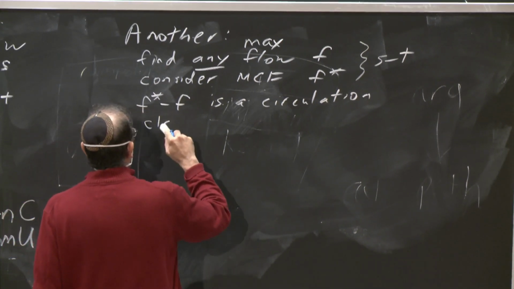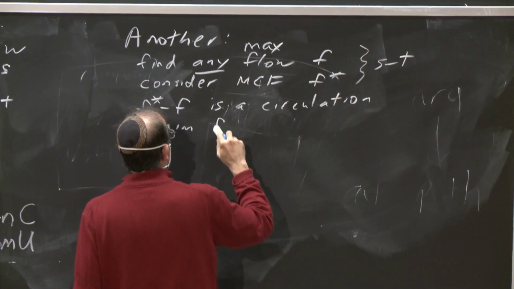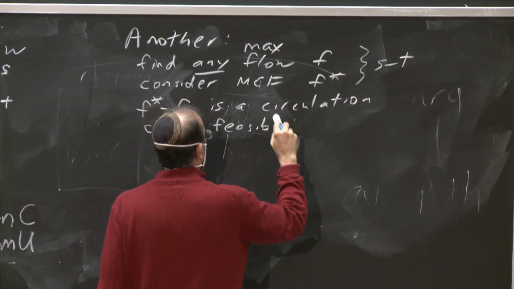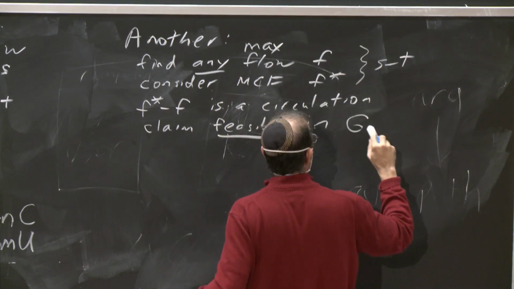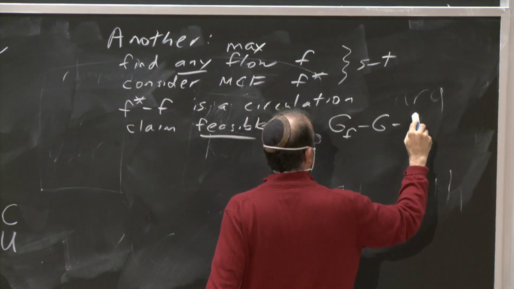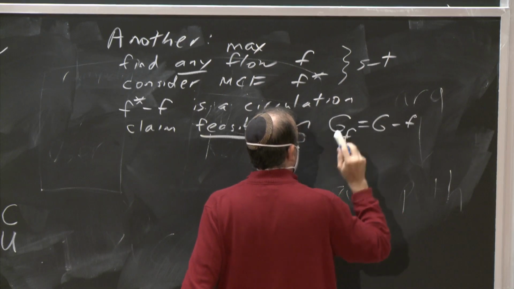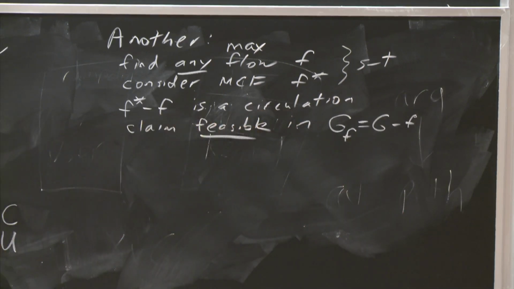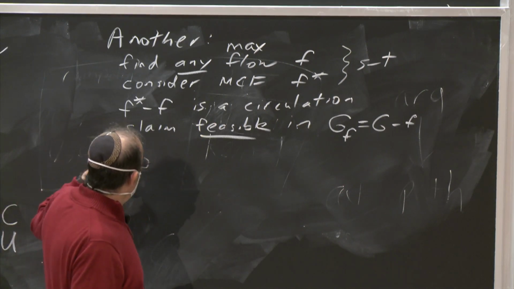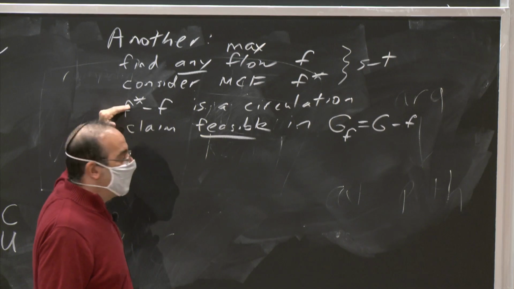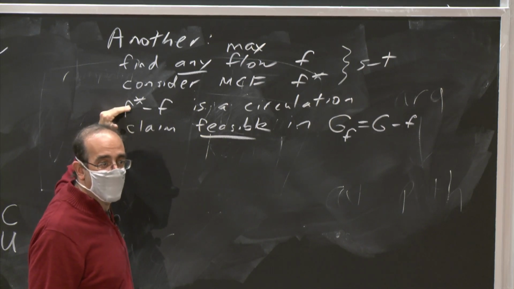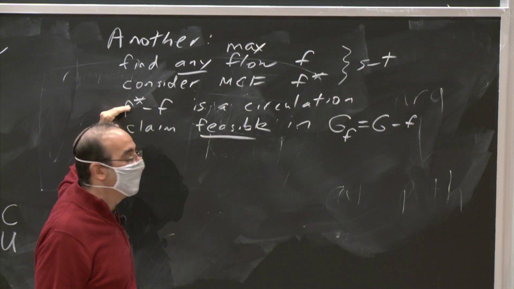I claim that it is feasible in the residual graph of the flow. Okay? So essentially, F star was feasible in G by definition. Okay.